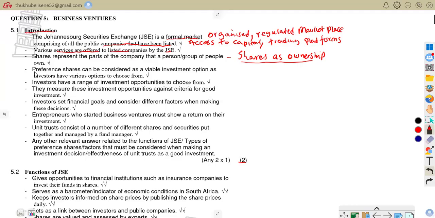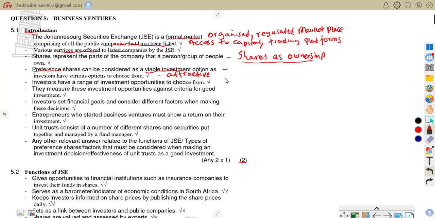Also, you're told about the preference shares now. Preference shares can be considered as a viable investment. They are attractive because they pay fixed dividends.